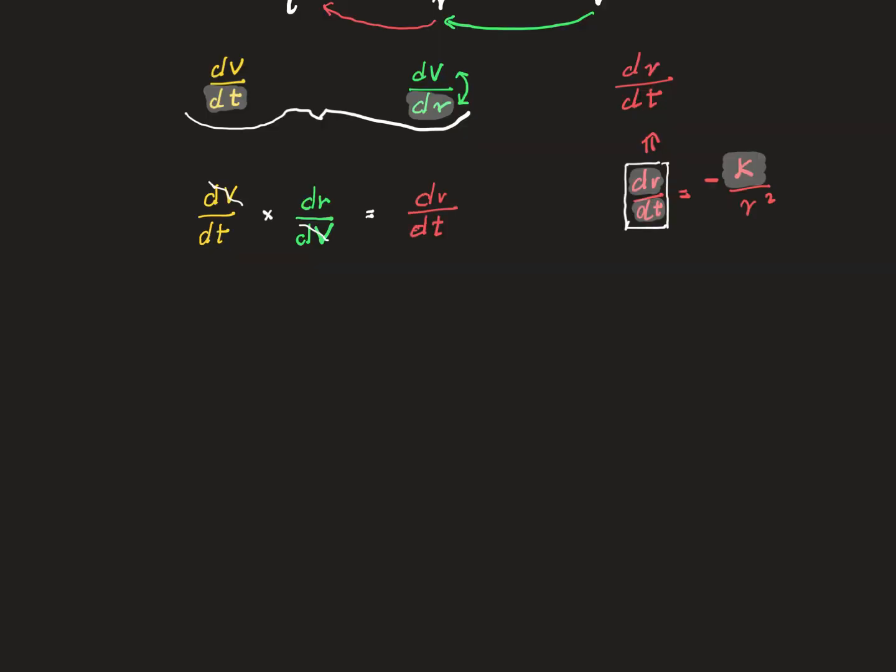So on the basis that we know that dr over dt is equal to dr over dv multiplied by dv over dt. But do we know what these are?